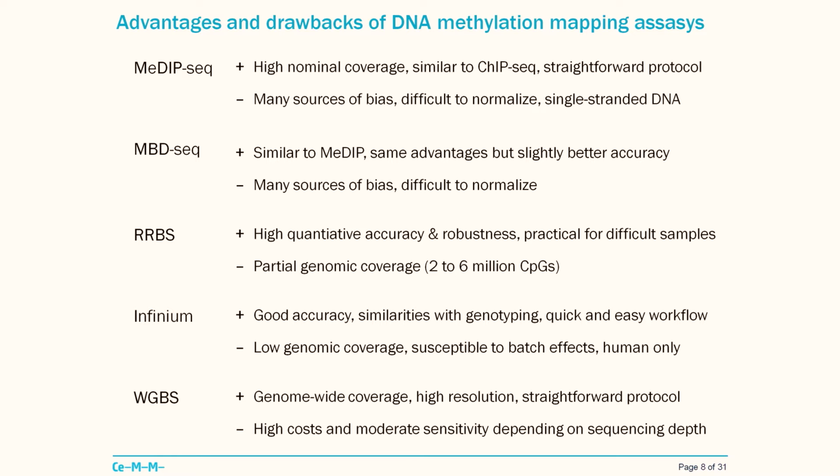Then the Infinium assay, which is the focus of today's workshop, has what we see as its advantages: the good accuracy and the similarity to genotyping. That's probably the biggest strength.